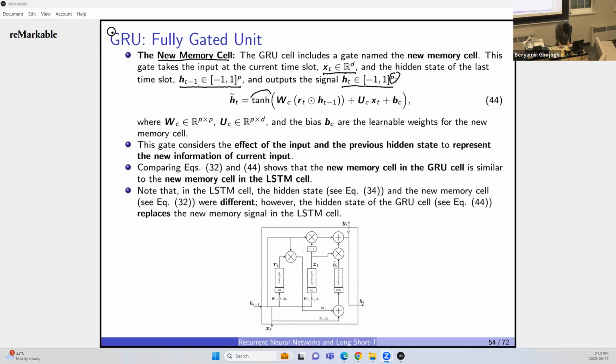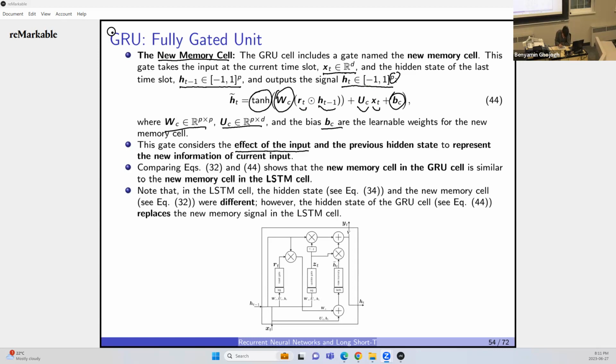Again, it has a hyperbolic tangent inspired by what we had in LSTM. However, there are some differences we'll see. Here we have RT and HT minus 1, so the Hadamard product between them, times some learnable WC. We also have UC XT, where UC is also learnable, and BC for bias, right? So one difference is this, and another difference is in the next slide. So we have WC, UC, BC as learnable weights.